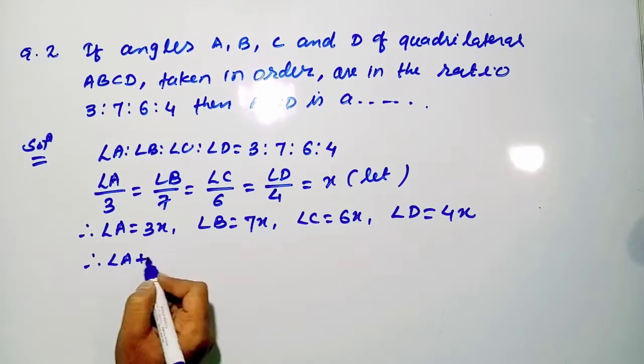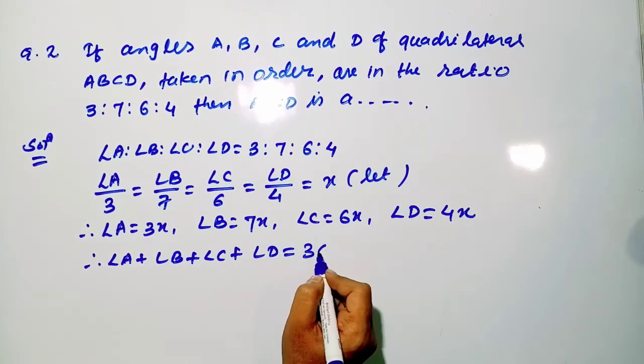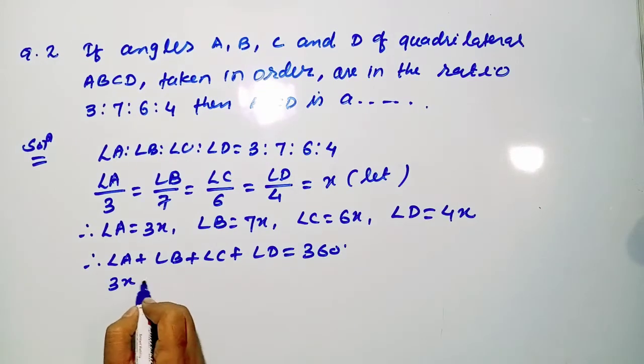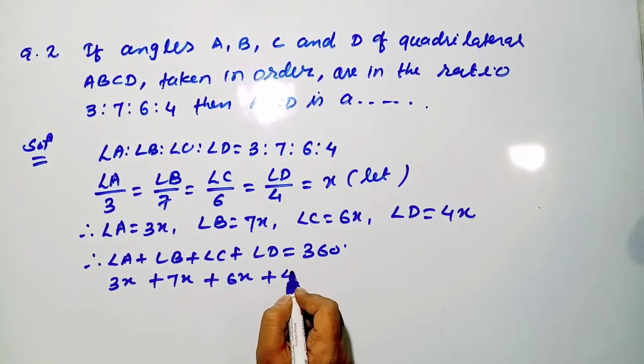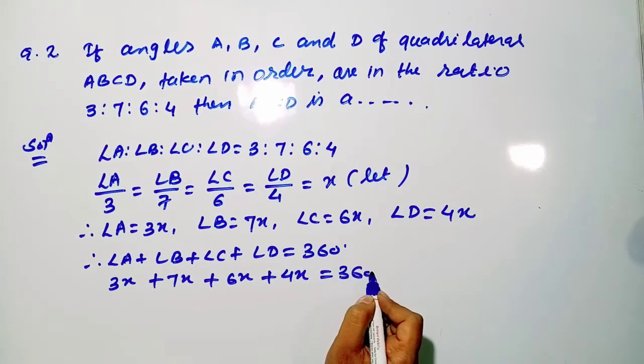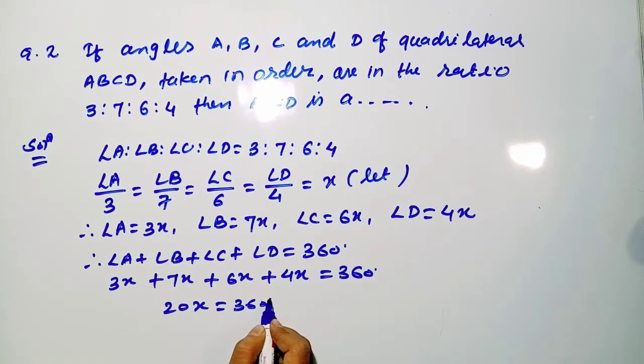We know that the sum of all the angles is 360. Let us verify it. So 3x plus 7x plus 6x plus 4x is equal to 360. So adding these variables, we are getting 20x is equal to 360.